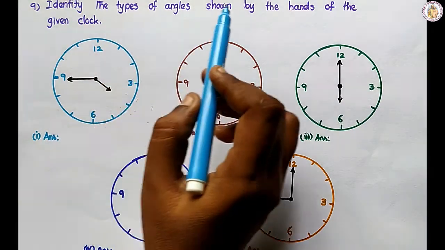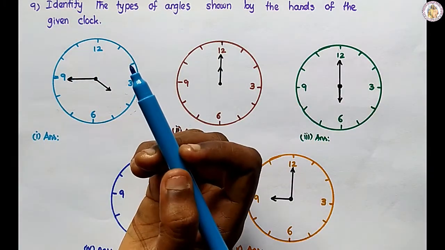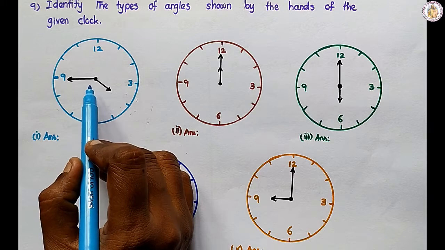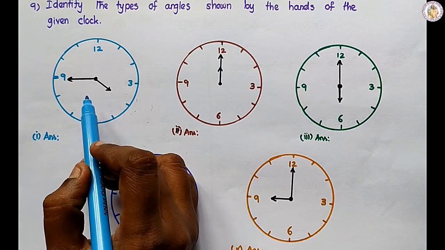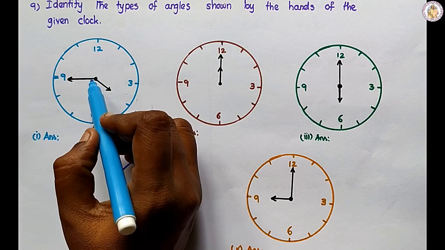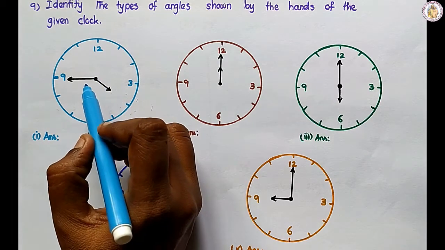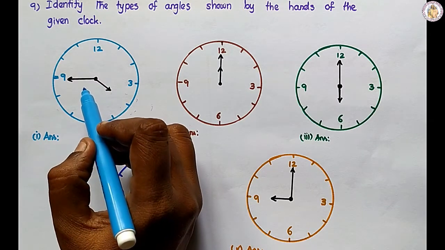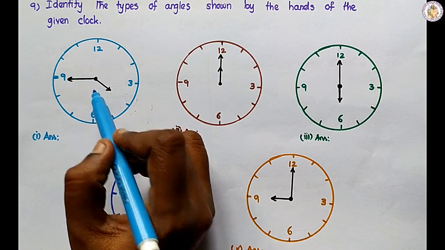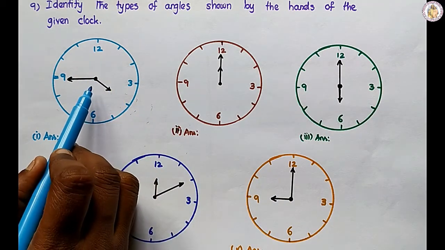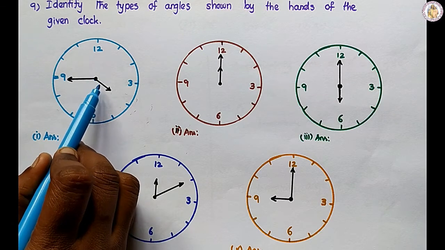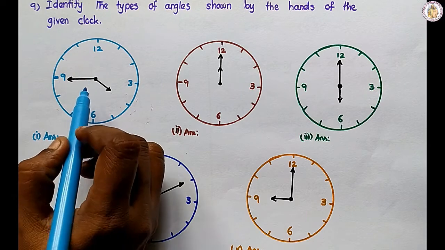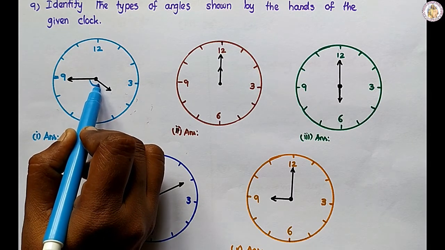Identify the types of angles shown by the hands of the given clock. Listen, they have given the clocks, and inside the clock, the short hand and long hand are there. You know that the center point is the starting point. Imagine that two rays form the angle. So we have to find out what type of angle this is. Two rays, short hand and long hand, and in between the angle is formed.